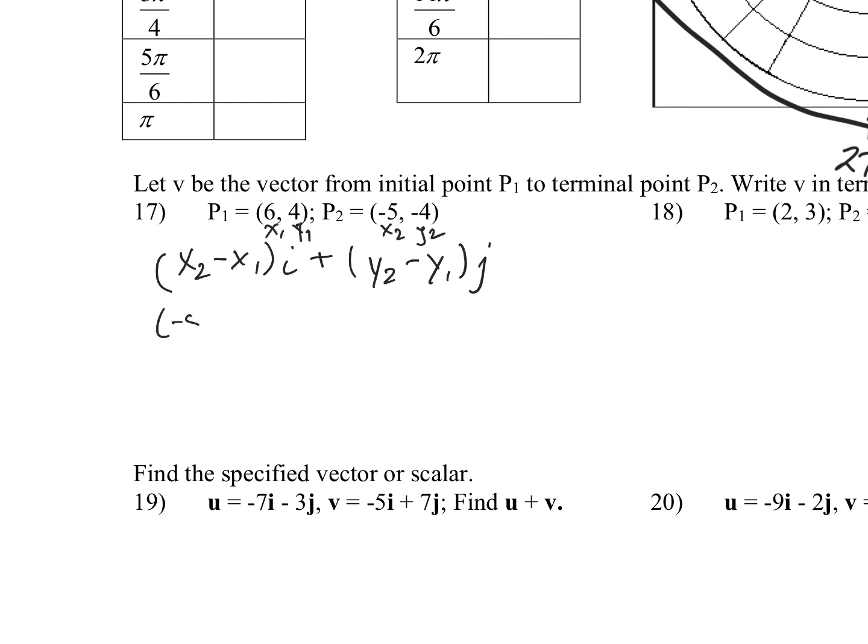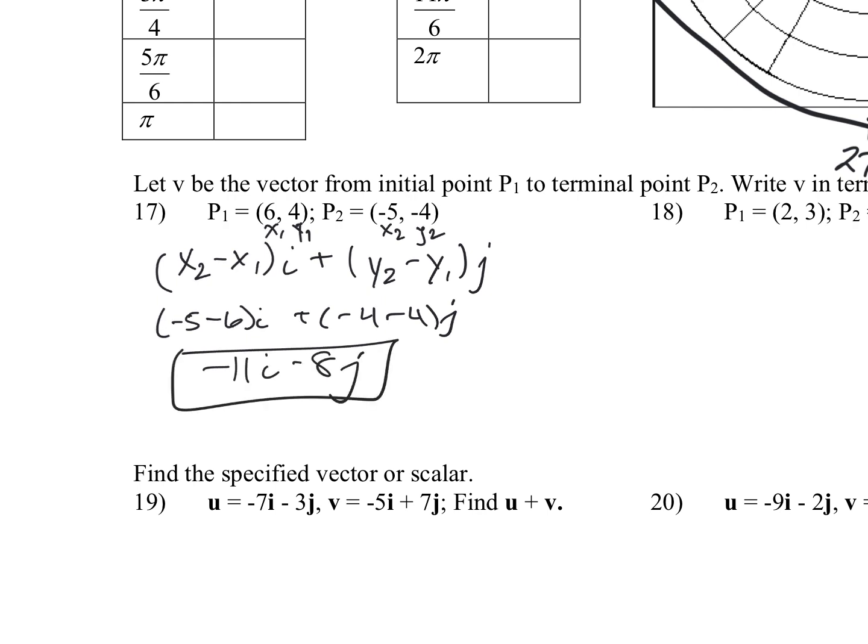So it has to be negative 5 minus 6i plus negative 4 minus 4j. So negative 11i minus 8j. That is the direct vector. If you do it the other direction with x1 and y1 first, you actually get going from the ending point back to the beginning point. So you want to make sure you're subtracting P1 from P2.